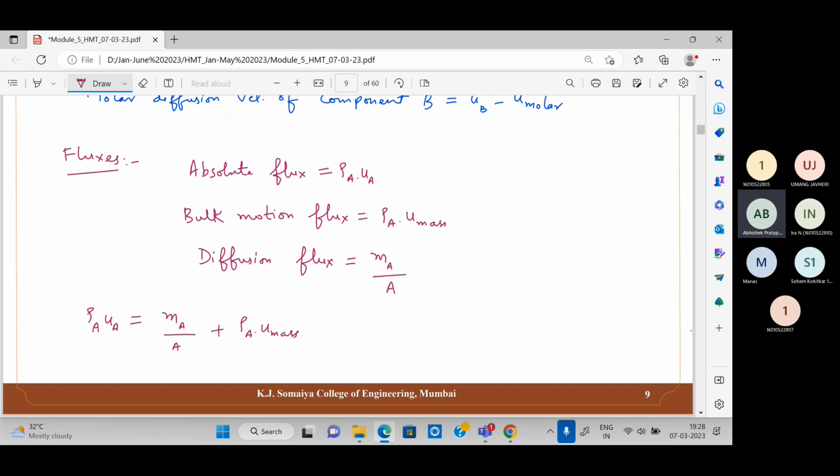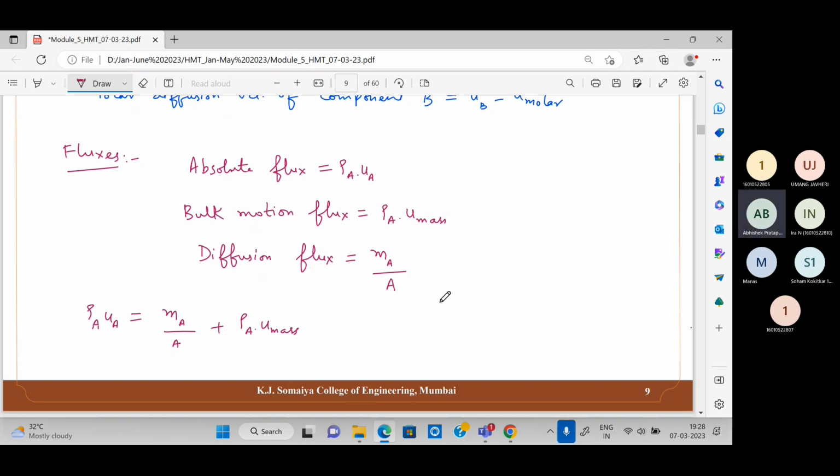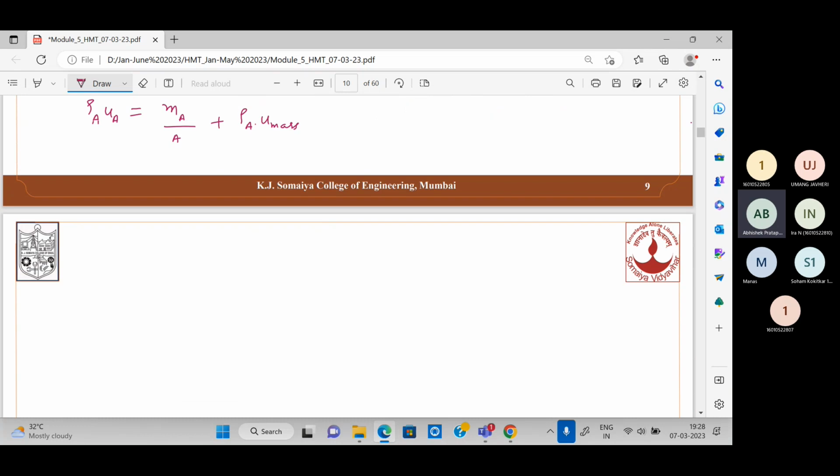So from this, we'll separate the diffusion flux, that is, the mass flow per unit area per unit time. This is nothing but rho A UA minus rho A into U mass. Taking rho A common, that is rho A times UA minus U mass.